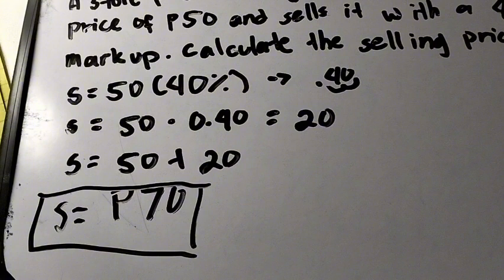To get the percentage, we just have to move the number by 2 decimal places to the left. So that would be 50 times 0.40, and 50 times 0.40 would equate to 20. And so 50 plus 20, which is how we will get our selling price, is equal to 70 pesos.